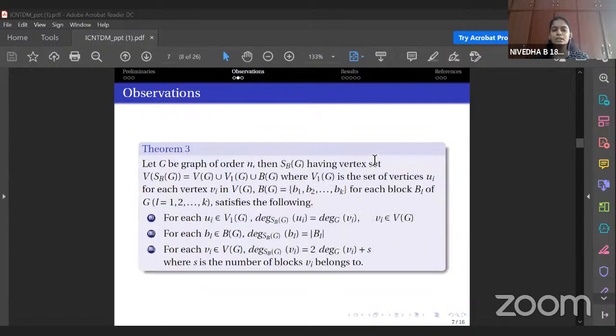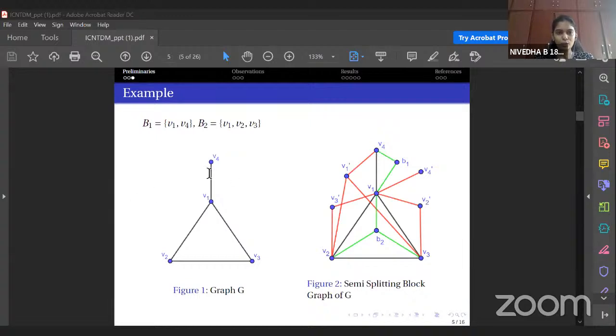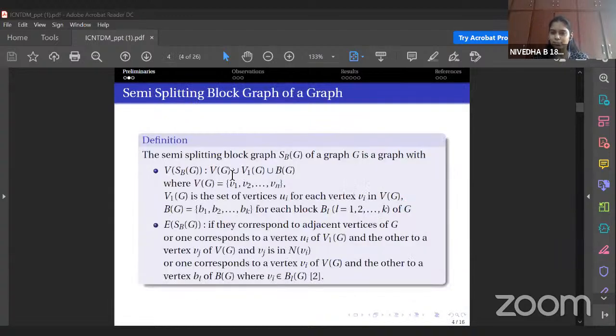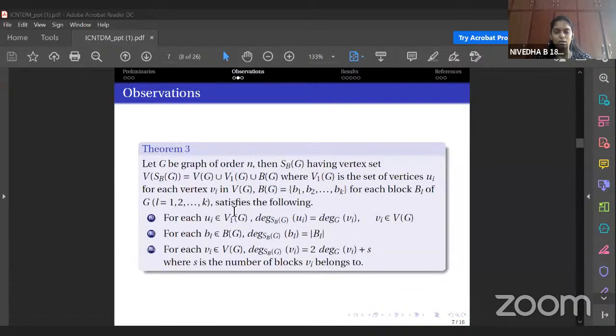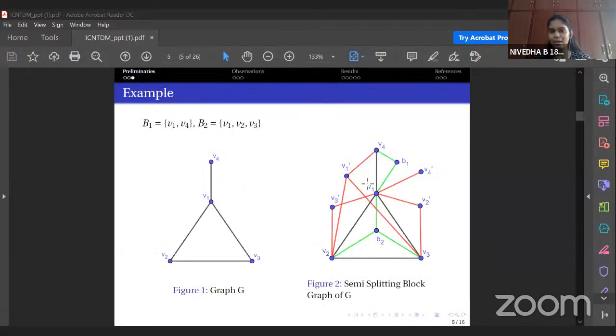And the next theorem is on the degree of vertices of SB of G. As in the definition, we know the vertex set is partitioned into three subsets, that is V of G, V1 of G, and B of G. So we are going to tell the degrees of the vertices that belong to V of G, V1 of G, and B of G. First, for each Ui belonging to V1 of G, the degree of Ui in SB of G is equal to the degree of Vi, because for every vertex, we add a new vertex and it is made adjacent to the vertices adjacent to Vi.